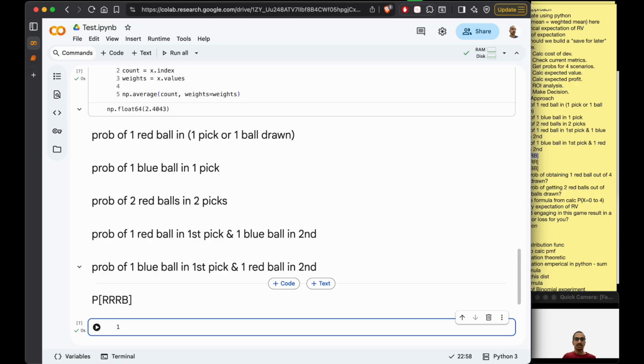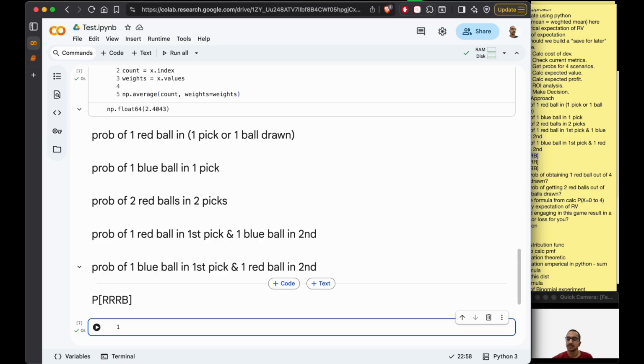So what this is saying is, what is the probability of getting red, red, red and blue when we pick the ball 4 times. The experiment is drawing the ball 4 times, and they are asking for the probability of getting this sequence: red, red, red, blue.